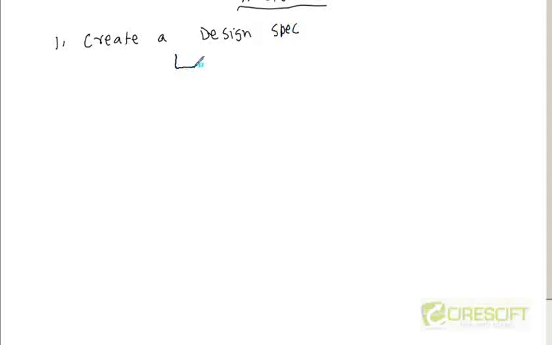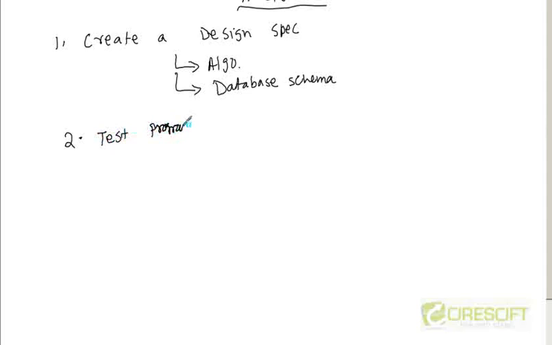Your design spec should contain the algorithm that you are going to use and the database schema you want to use. Number 2 is write a test program to populate dummy data.